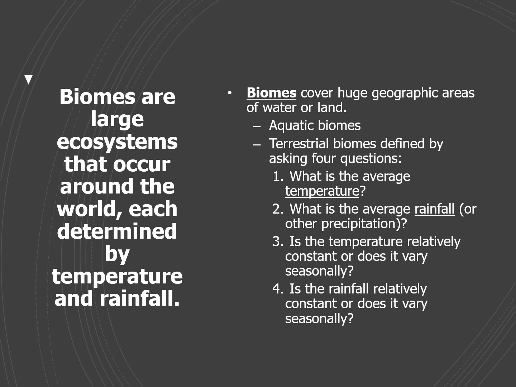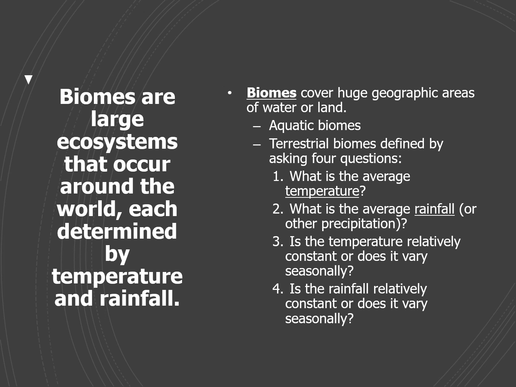Biomes are going to be very large ecosystems that occur around the world, and we typically will classify a biome as being either aquatic or terrestrial. That is how broad these terms are going to be. And then we're going to again get more specific. So a biome is going to be a geographic area of water or land. And like I said, there's aquatic or terrestrial.